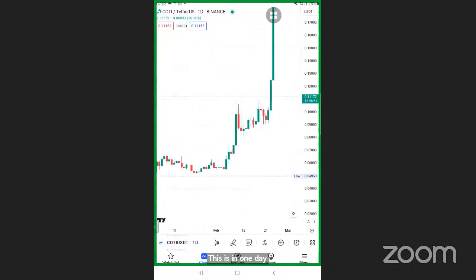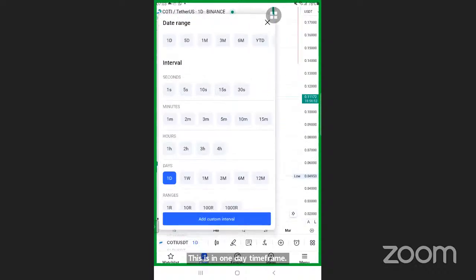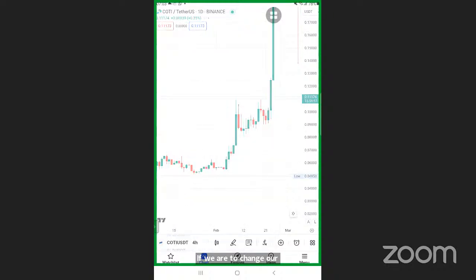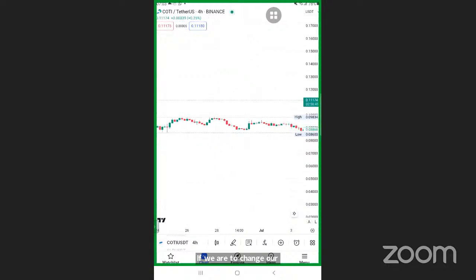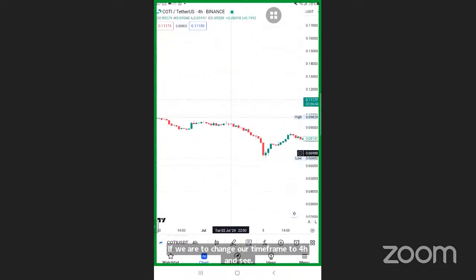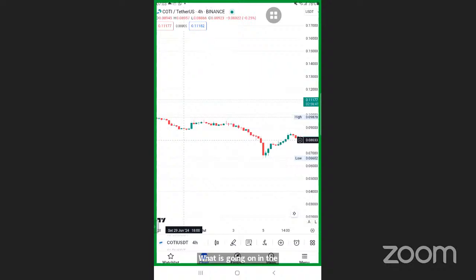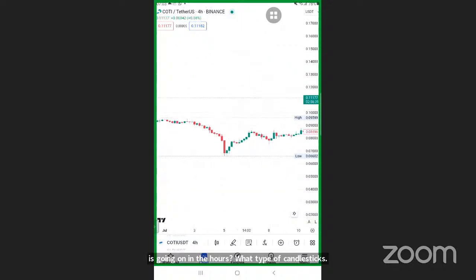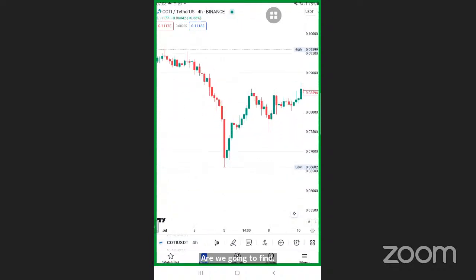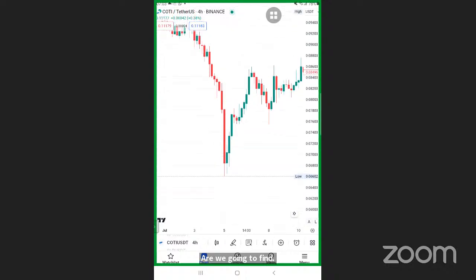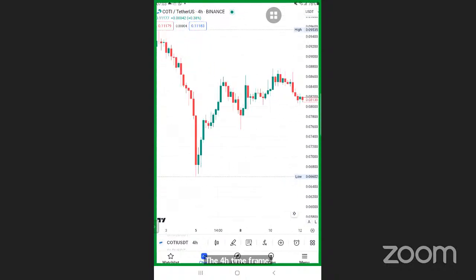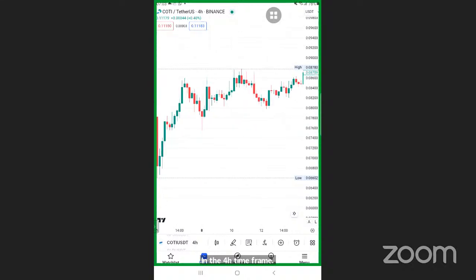If we change our time frame to 4 hours, what type of candlesticks are we going to see in the 4-hour time frame?